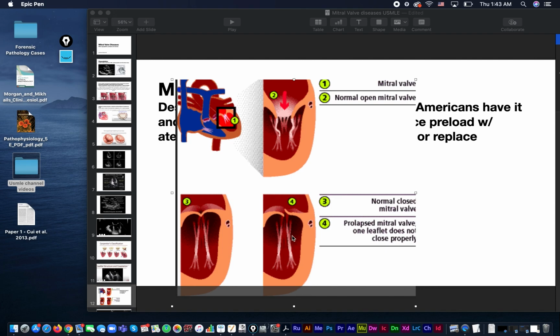Because if it's a small opening, eventually you're going to get bigger. The normal valve here during diastole, you can see it's just a normal open mitral valve. Let's move on.